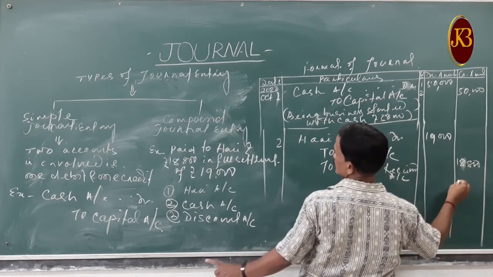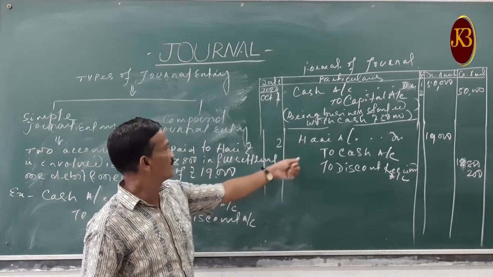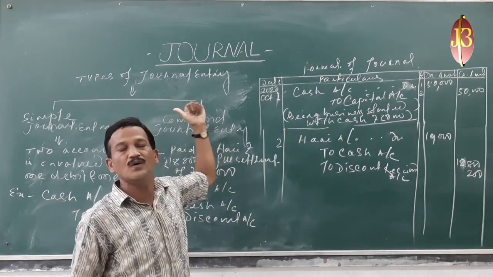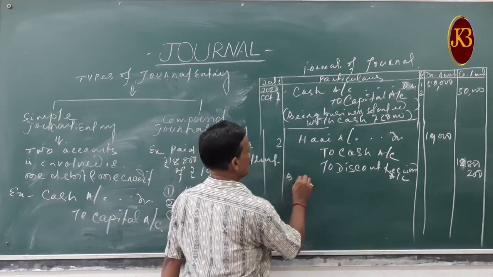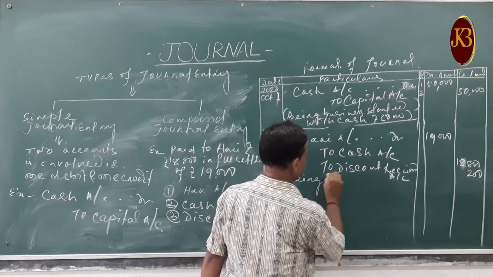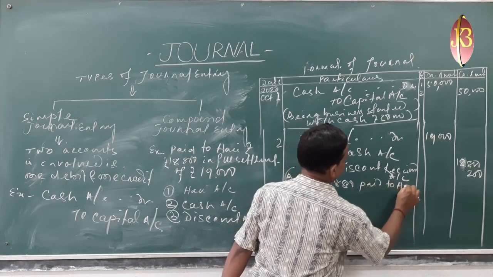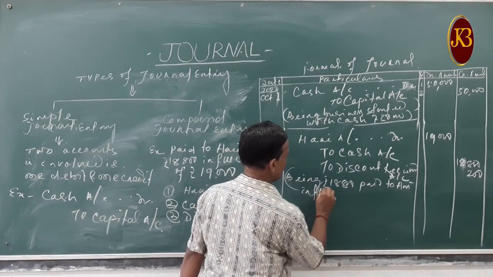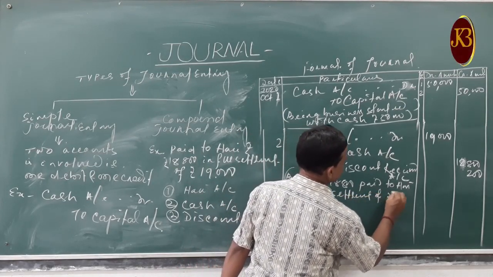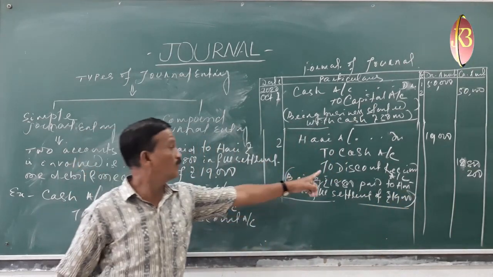Yes, the discount is 200. So that means two accounts are credited and one account is debited. This is called a compound journal entry. Narration: being 18,800 paid to Hari in full settlement of rupees 19,000.